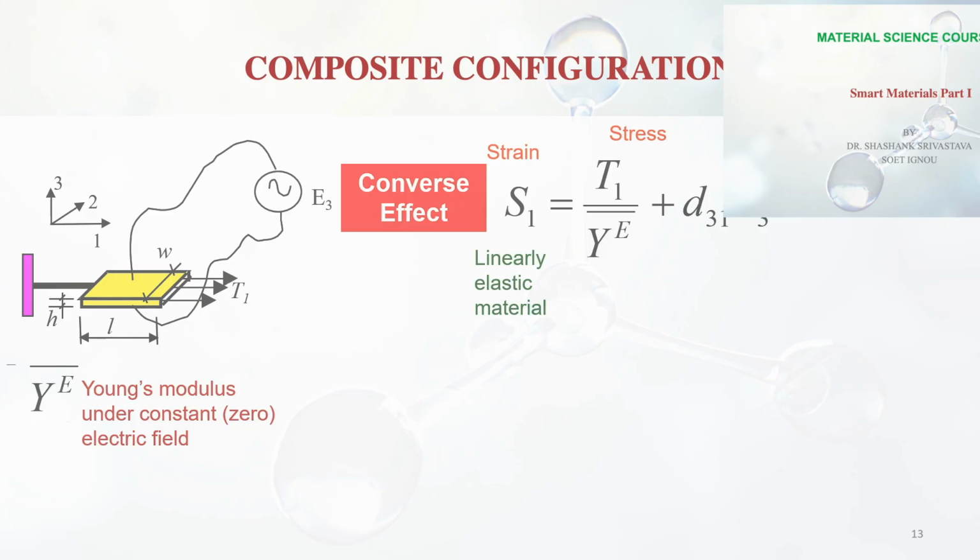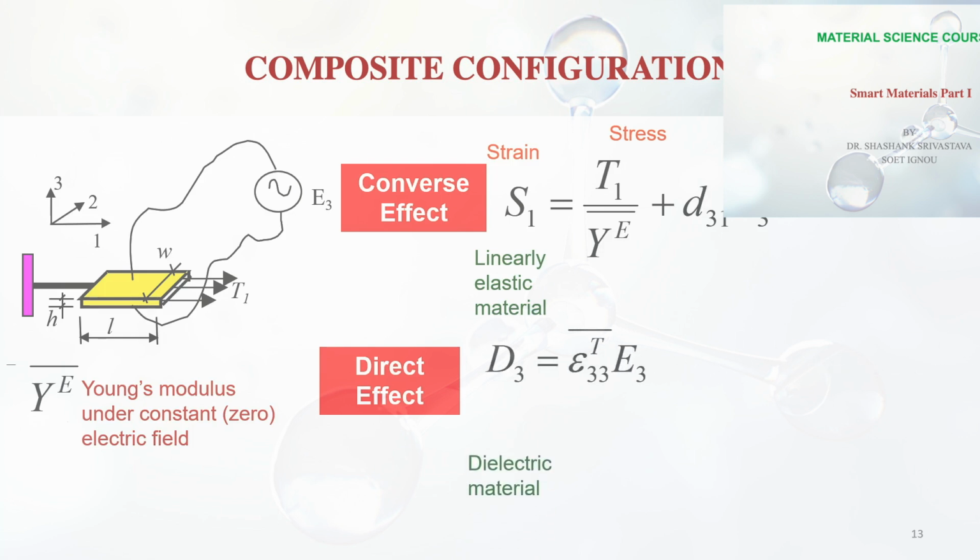Let's now see the direct effect. Direct effect means that if we apply stress, we see the development of charges. Now for this equation, we assume that the piezo element is under the combined action of stress and electric field. So as a result of the electric field, like all dielectric materials, it will display the development of charges under the action of the applied electric field.